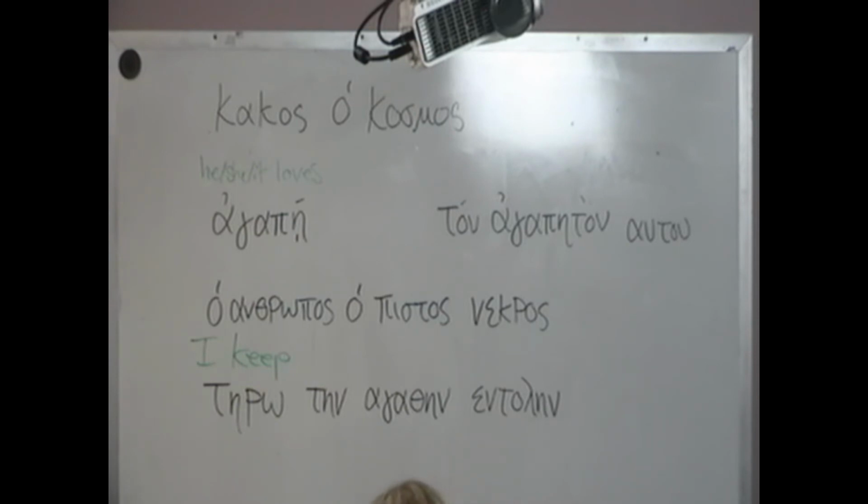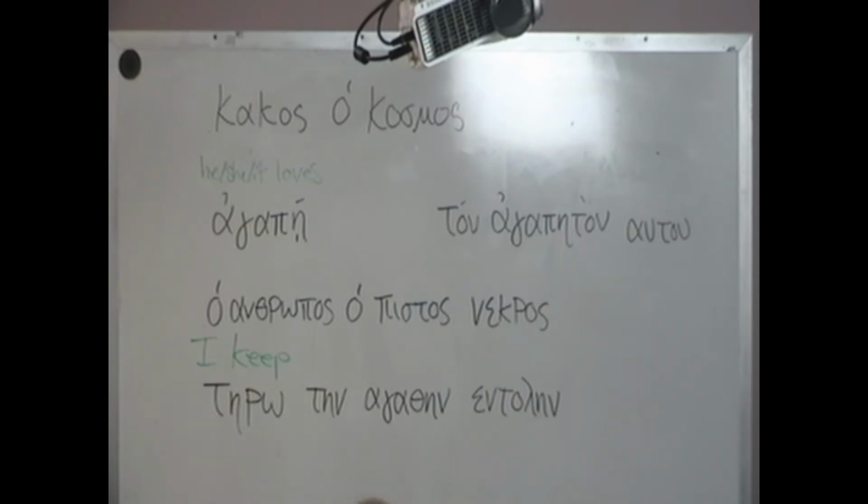Now, look at what has the article in this sentence. And knowing what you know about adjectives, how should that translate? Keep the good. Yep, entolane, does anyone know what entolane means?